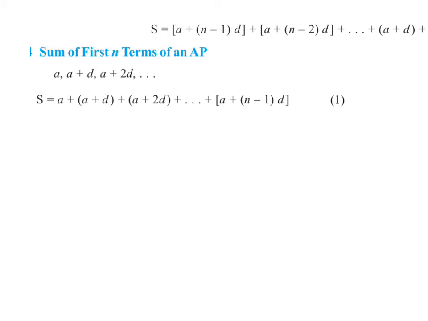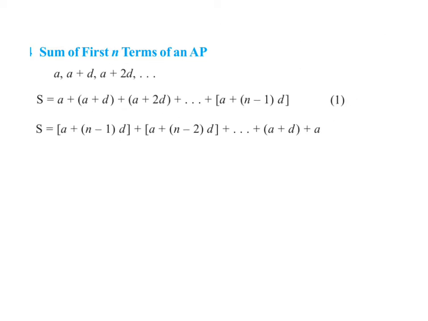Now let us reverse the order of this arithmetic progression. So the nth term will become the first term. And let us label this equation as equation 2.